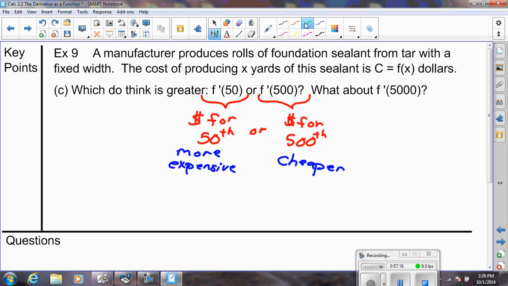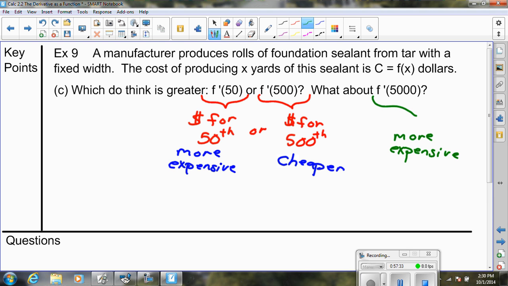Well, if I have to buy more machines and I have to hire more workers to help me get it done, all of a sudden I have more costs. And so it's going to become more expensive to do the 5,000th just because I'm going to get more involved. I will have to start spending money on other things as well.